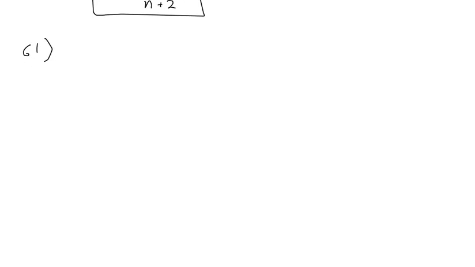So let me show you 61. This is a recursive formula. We didn't really go over these too much, but let me show you how this works. So in a recursive formula, I give you a starting value. This is called your initial value. Your starting number, right? And then I give you the pattern.